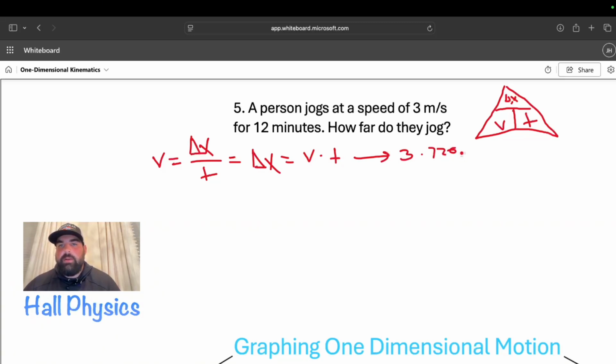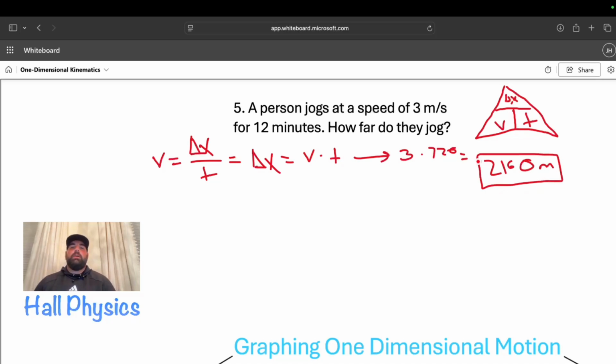Okay, and then 3 times 720, you would get 2,160 meters. Okay, and since it's positive, we moved in the positive direction, which is either to the right or up, depending on our coordinate system. Okay. All right, so that's it for our mathematical examples.